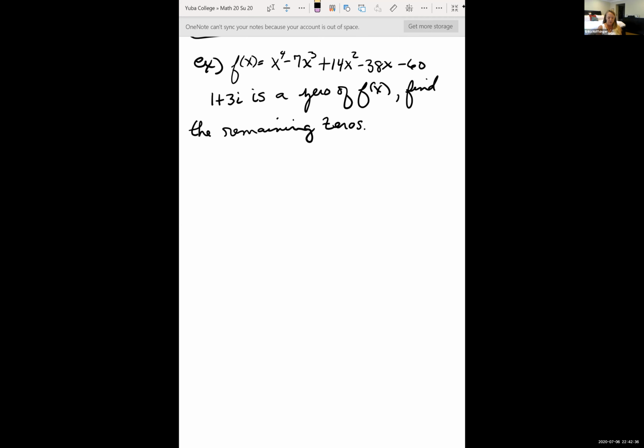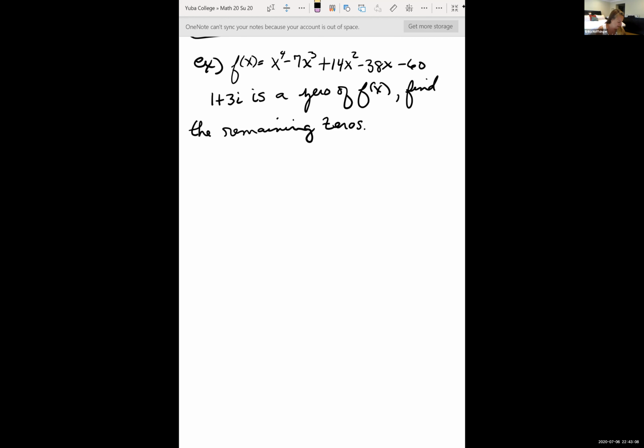I know that if 1 plus 3i is a 0, by the complex conjugate, or the conjugate zero theorem, that 1 minus 3i is also a 0. And so I can break it down that way. The other way that you guys can do it is we can find our factors and multiply those together. Those would give us real numbers, and we could do long division of polynomials.